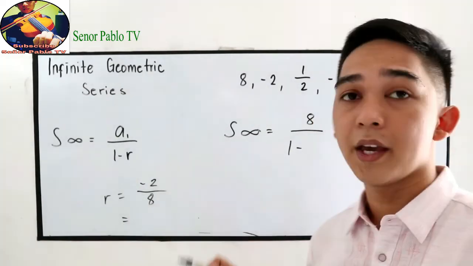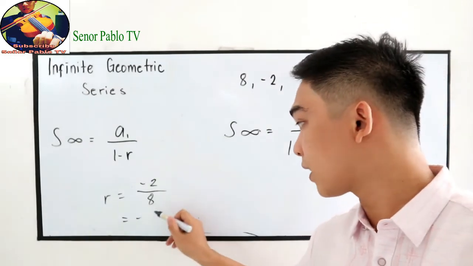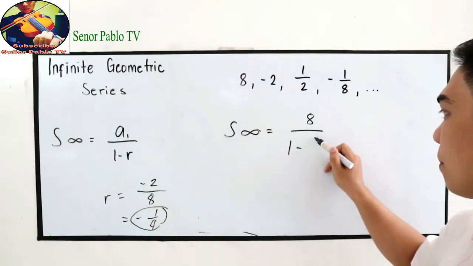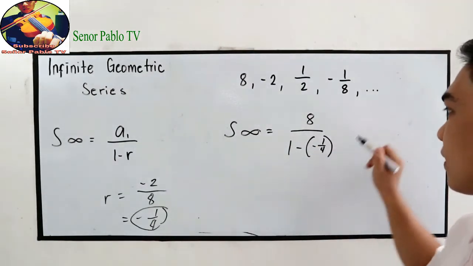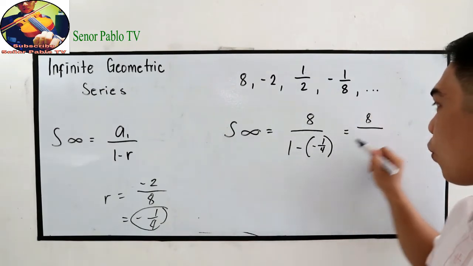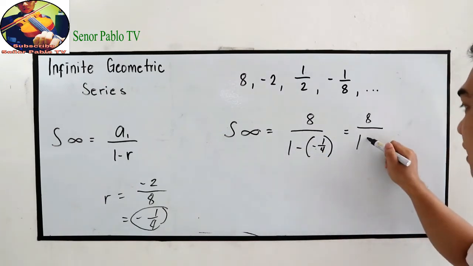Negative 2 divided by 8 can be written in simplest form. So, negative 1 4. So, minus negative 1 4. So, 8 over 1, negative times negative, that will become positive 1 4.